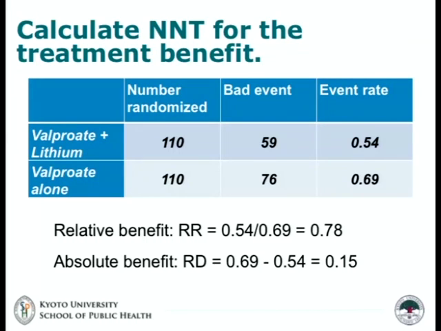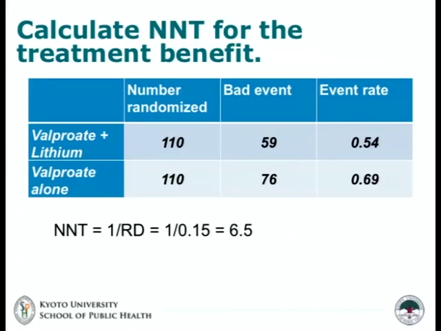This is the risk difference, RD. The NNT, the number needed to treat, is the inverse of the risk difference. In this case, it is 1 divided by 0.15, that is 6.5.